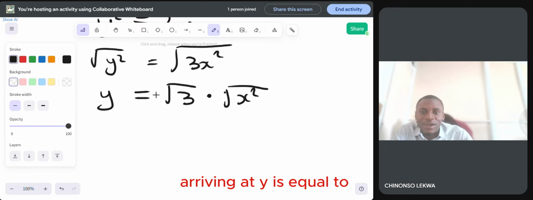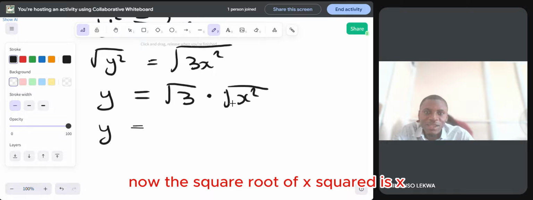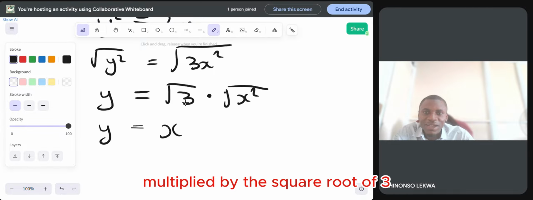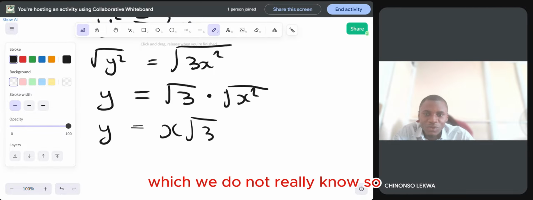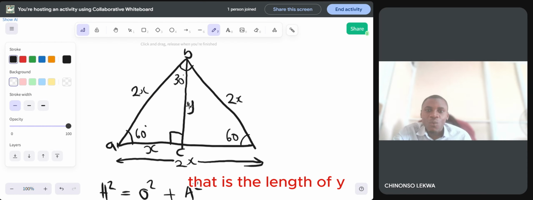Now the square root of x squared is x, so y is equal to x multiplied by the square root of 3, which we do not readily know. So that is the length of y.